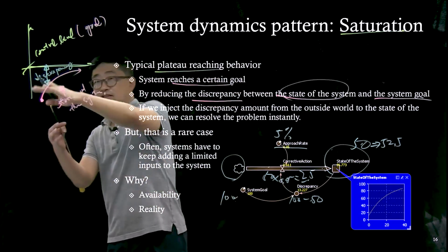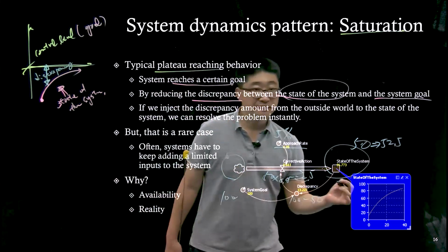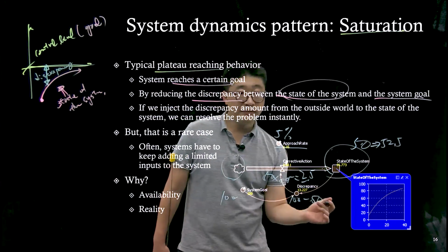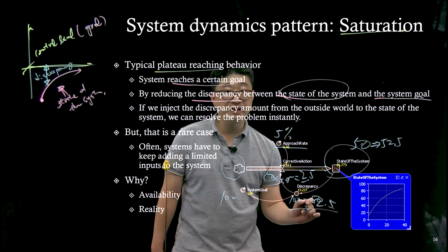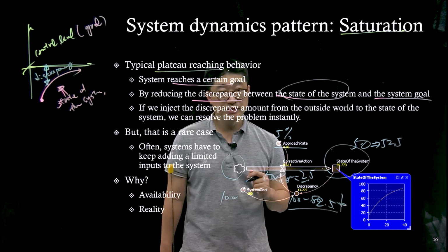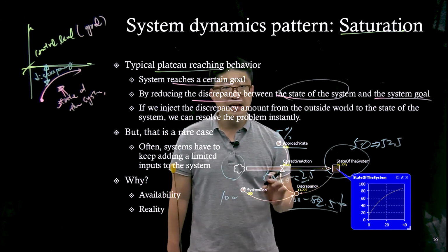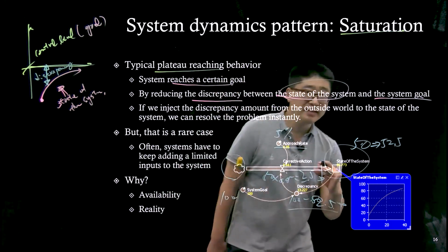So a little bit closer. However, at the next time step, we have 2.5, meaning that the discrepancy will be reduced, and this flow will be reduced. However, it is still adding up.